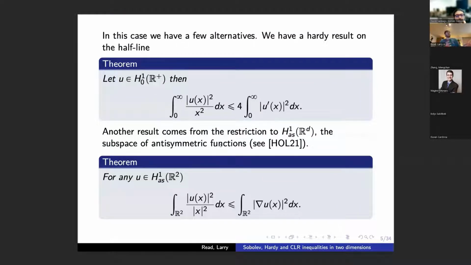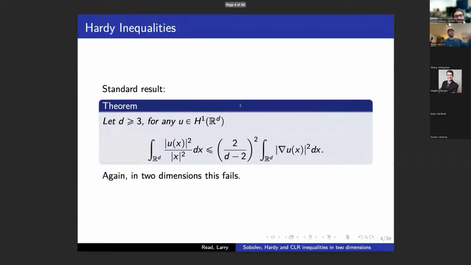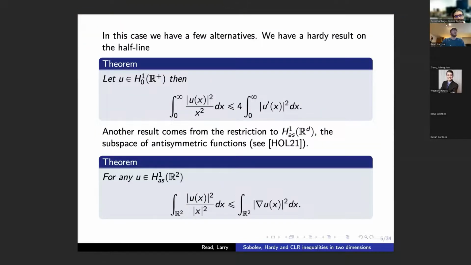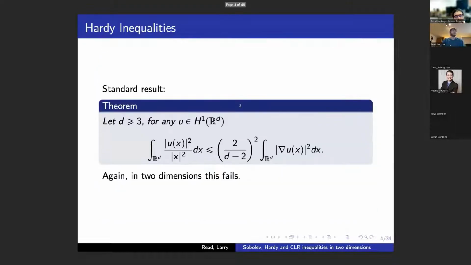We have the Hardy inequality, it should be capital H there, on the half line where u vanishes at 0. This is the standard form of the Hardy inequality, with the sharp constant 4. In fact, most of the Hardy inequalities in dimension greater than or equal to 3 are generally shown using polar or spherical coordinates. And of course, it's a consequence of that proof that the constant here diverges in dimension equals 2.